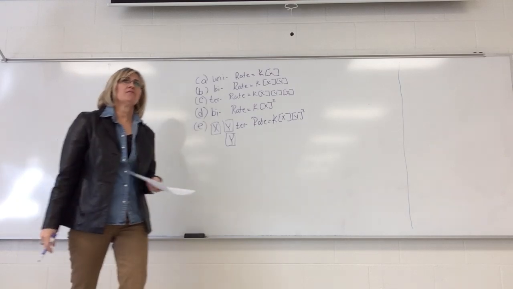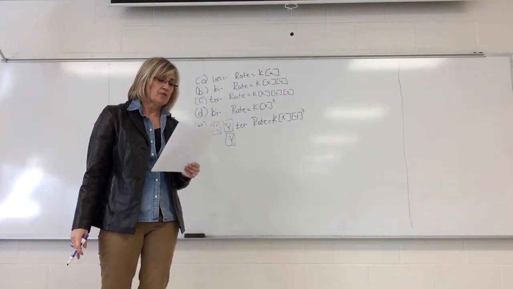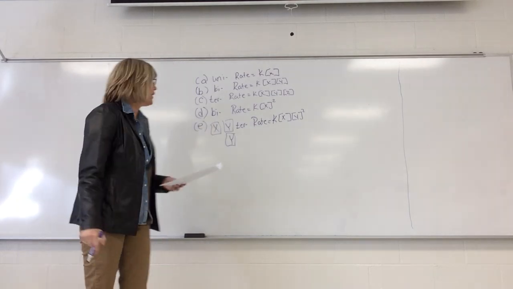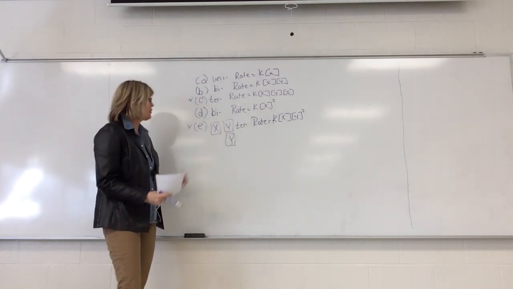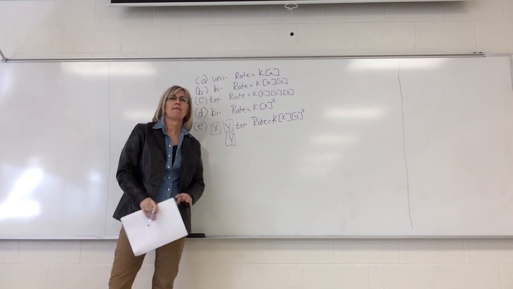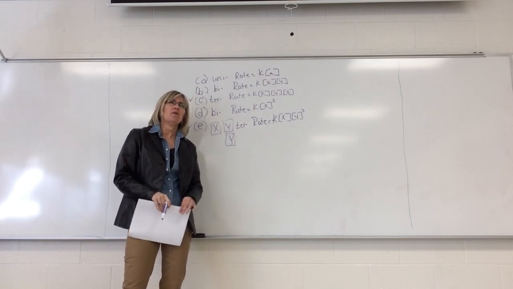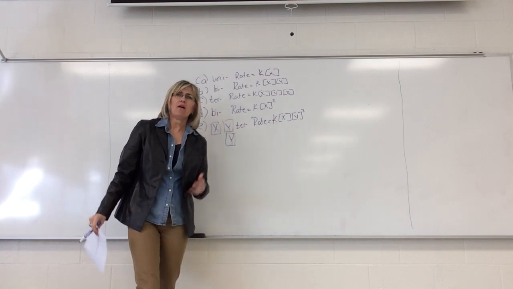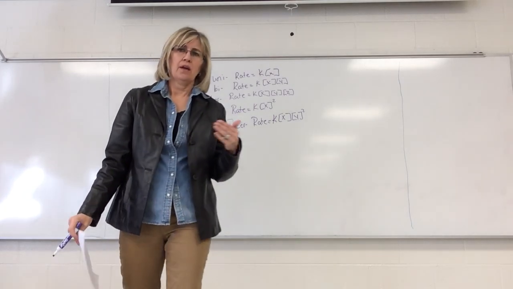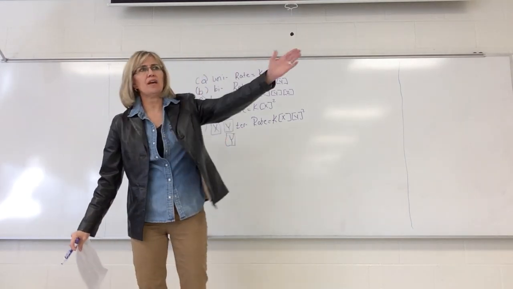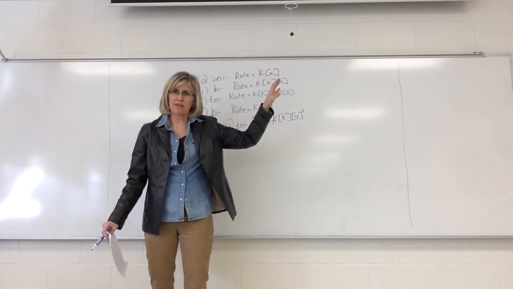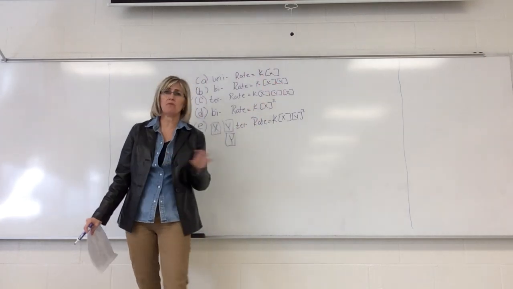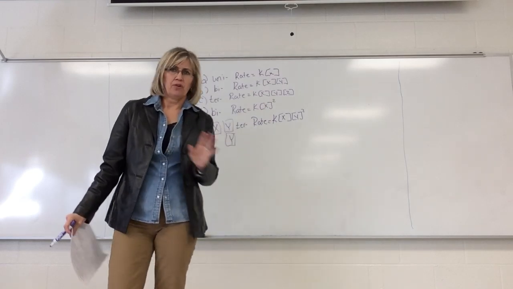Now, which of the above elementary steps is least feasible and why? Well, the least feasible ones are these two because they're termolecular. All right? Now, generally speaking, if they are further down, if they're in one of those reactions where you have the fast step and then you have to substitute things, that's different.